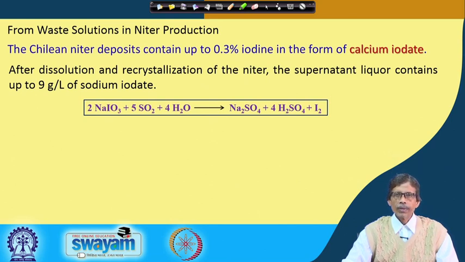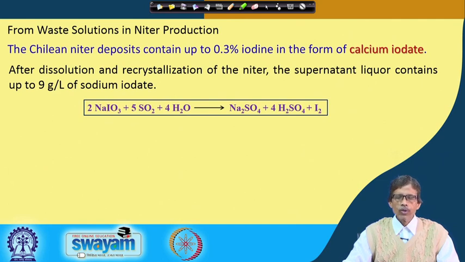So, now sulfur dioxide is utilized for the production of iodine from your iodate. Again, sulfur dioxide is functioning as a reducing agent. Earlier we have seen how it is used for reduction of iodine to iodide.